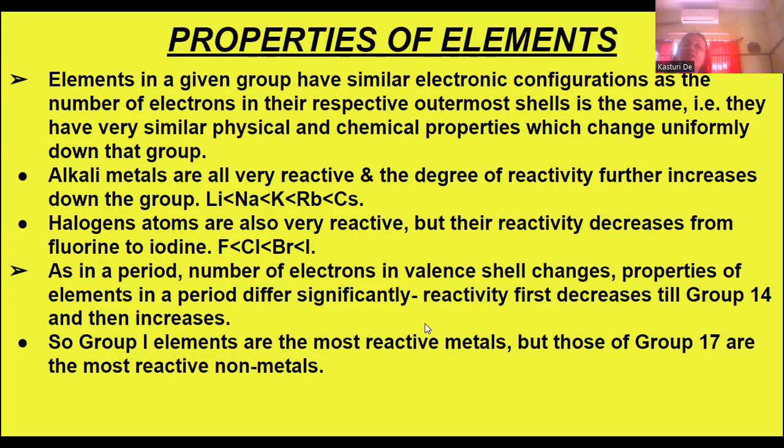So what do we see? Till now we were discussing groups. Now we come to periods. Down the group, the number of electrons in the valence shell remains the same. But when we come to periods, the number of valence electrons changes. Therefore, properties in the period also differ significantly.